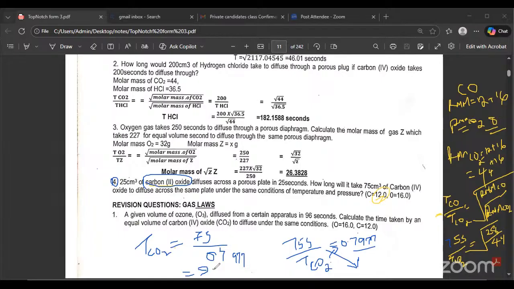Now, can you tell me what is the problem with yours? Mine is getting about 94 seconds, which is a lot actually. 94.02 seconds.